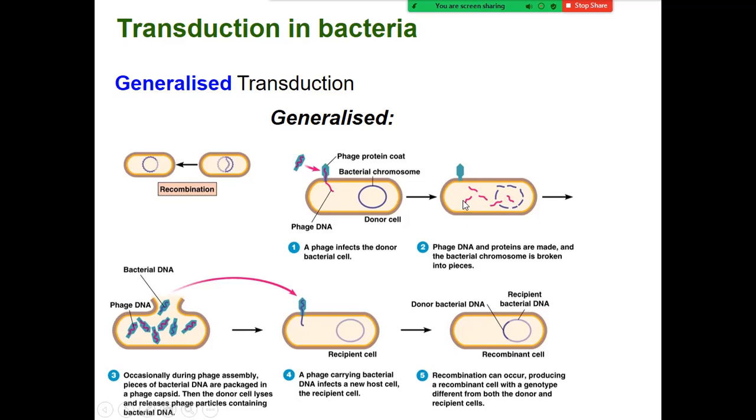And then the viral DNA, which is pinkish, gets added to the protein coat, the head of the virus. And then the virus can lyse the cell, releasing the virus, and then the virus can go out and infect another cell. Any question about any of that?